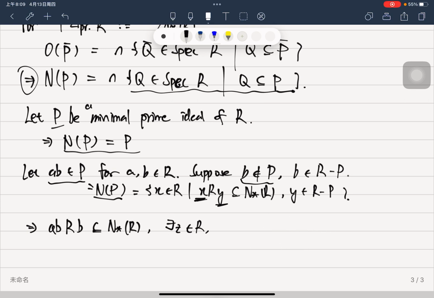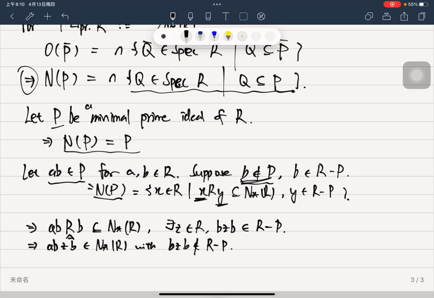So that's why I didn't write down every. I write as there exists. Why? Because our b is not in P, so there exists a z such that bzb is contained in R minus P. And here is every, so we get ABzB is contained in the lower star R with bzb not contained in P.